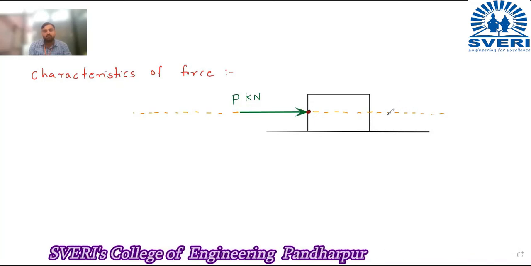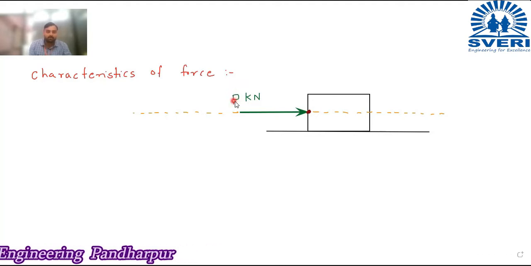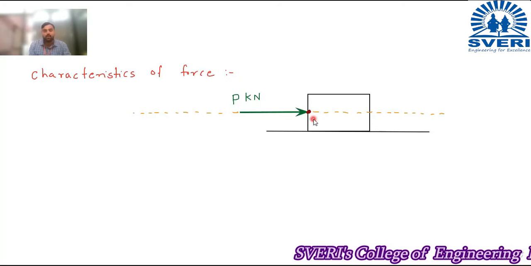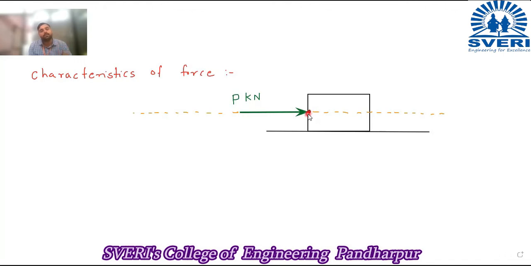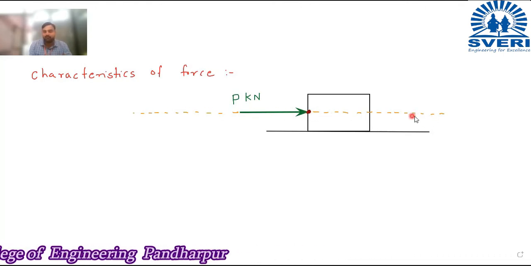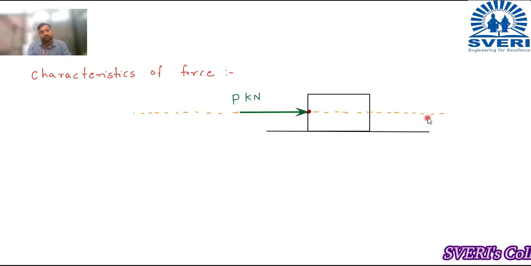P is nothing but the magnitude of the force. By looking at this arrow, you can judge the direction of the force, where the force is exactly going. At the point where the force is acting, this is called the point of application. And this dotted line, which I have extended from the head and from the tail of the arrow, is called the line of action of force. On this line this force is acting.